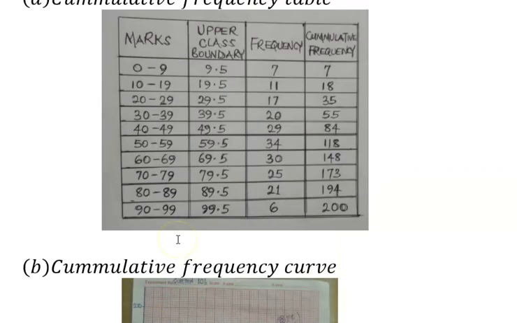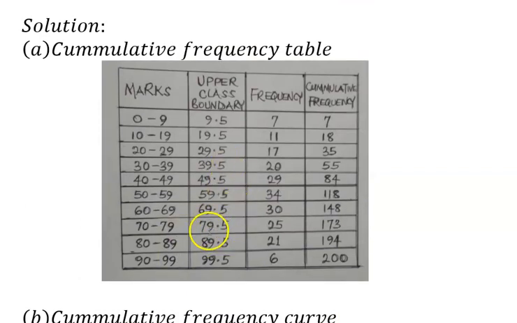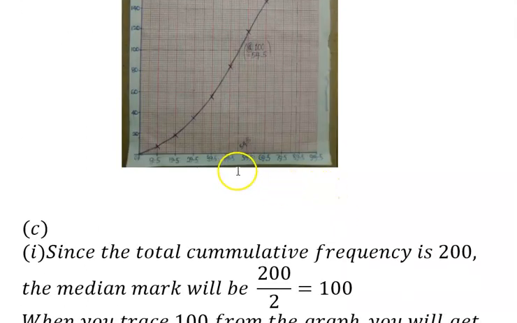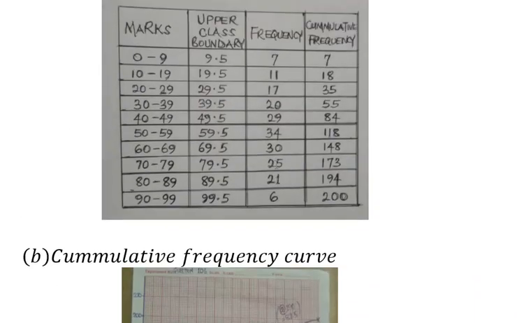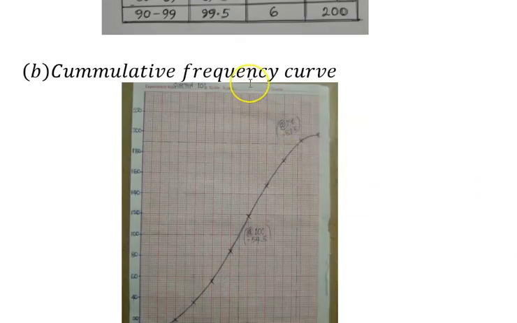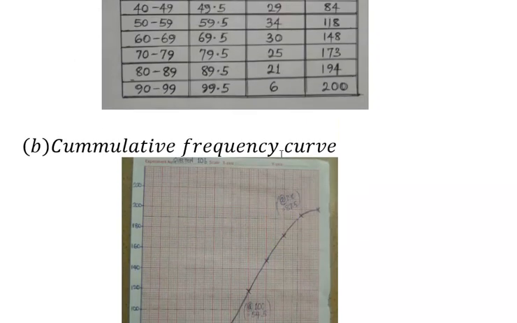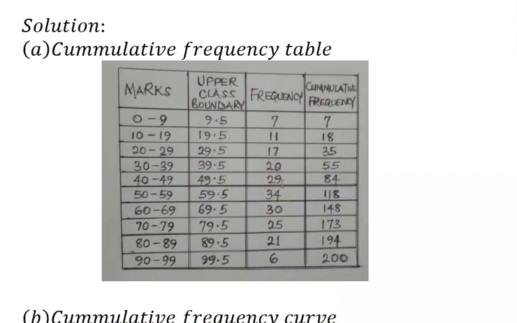So the next one, let me just jump. If your class boundary is 79.5, your cumulative frequency is 173. Look for 173 somewhere here. So this is it. Beautiful. So you can pause and rewind to get the curve and the plotting very well.